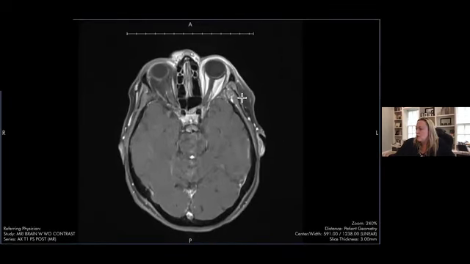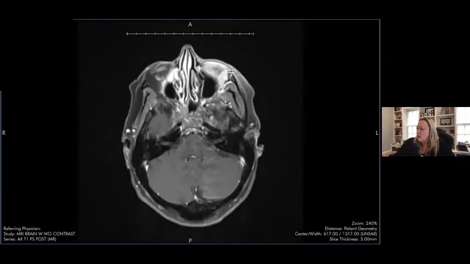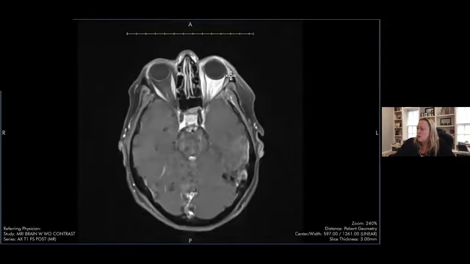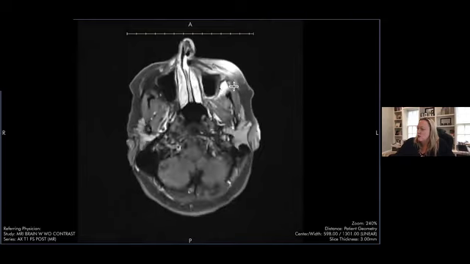Through the level of the orbits, you can see what looks like enhancement throughout the entirety of the left orbit. I'm going to scroll up and down, and it looks like the entire orbit is enhancing, both the intraconal and extraconal fat, on these fat-saturated post-contrast images.